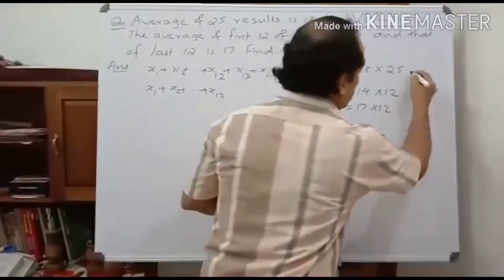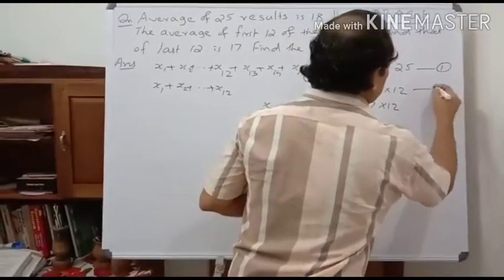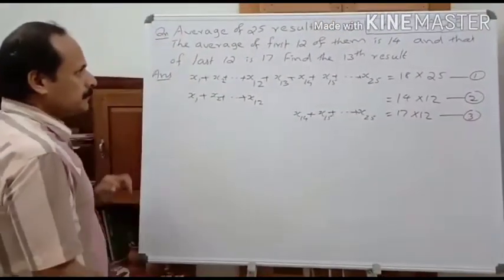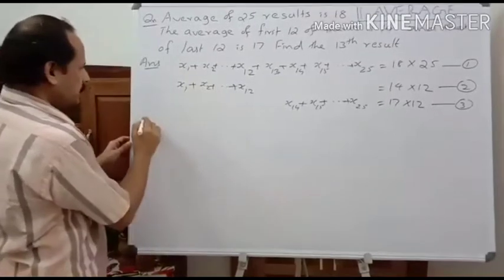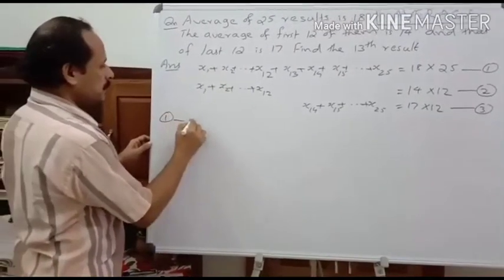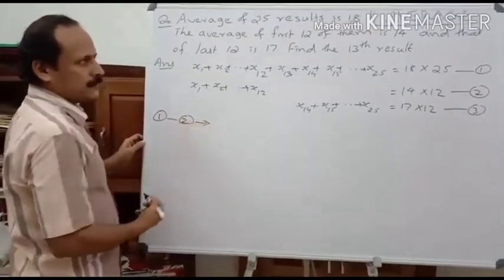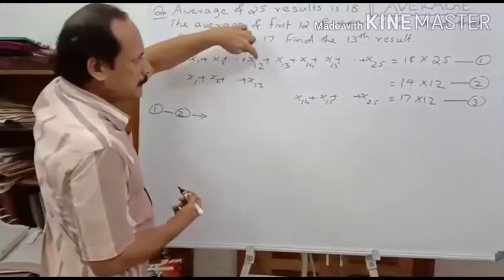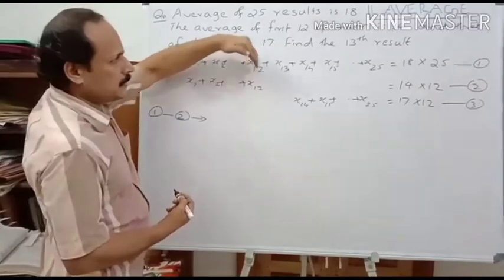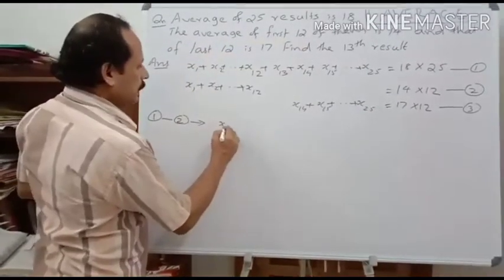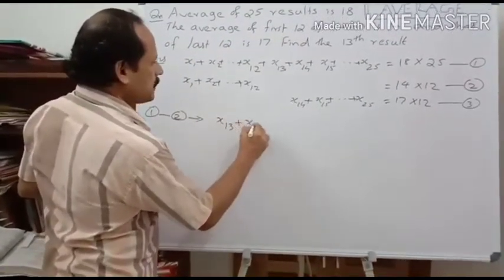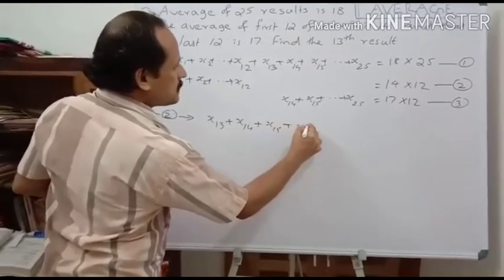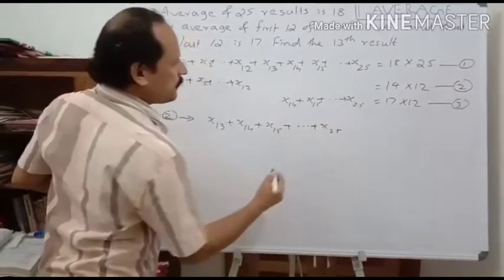Suppose this is equation 1, this equation 2, this equation 3, and from equation 1 you subtract equation 2. What do we get? x1 minus x1, x2 minus x2, etc., x12 minus x12, remains x13 plus x14 plus x15 plus etc. plus x25.